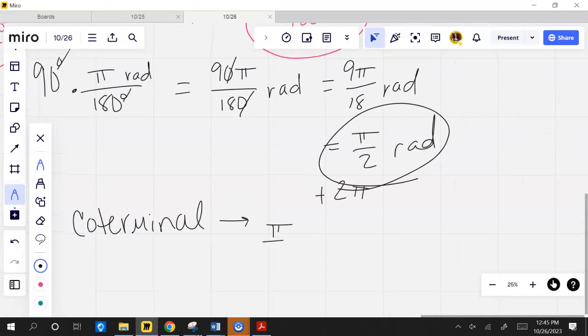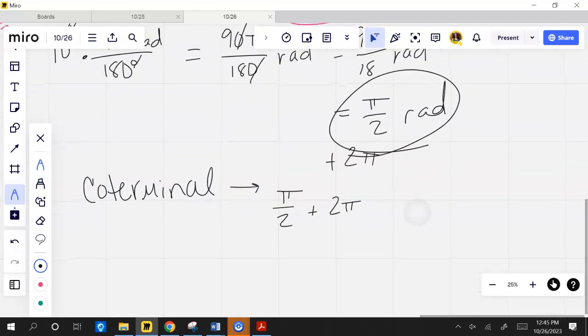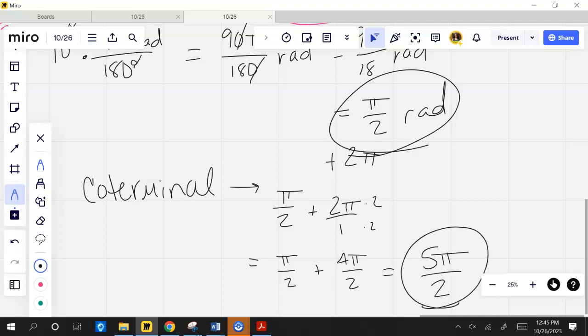Well, how do you add pi over 2 plus 2 pi? That's 5 pi over 2.